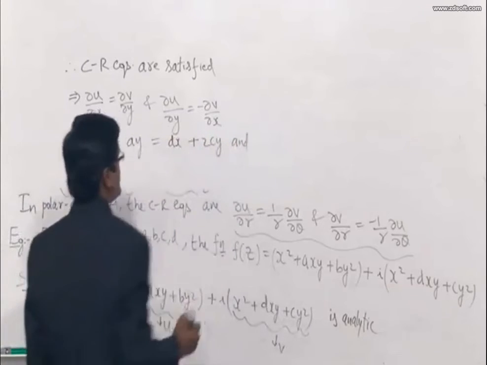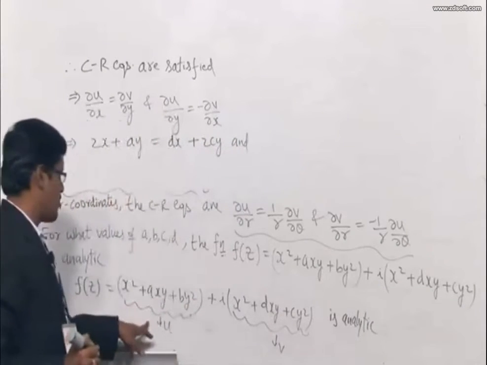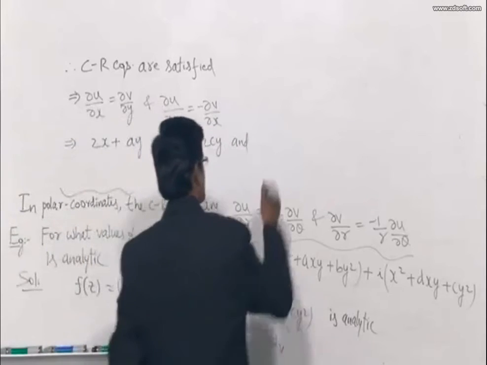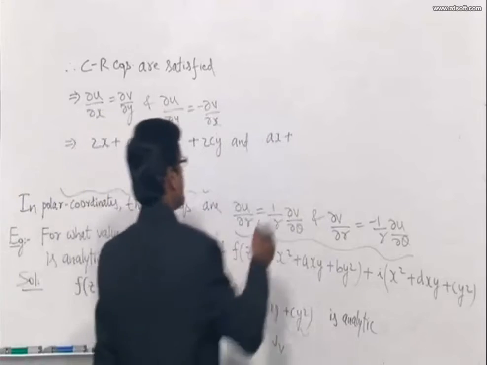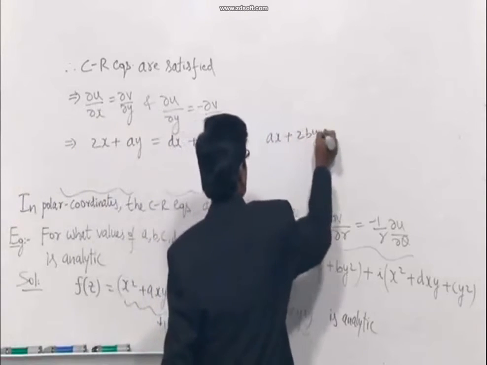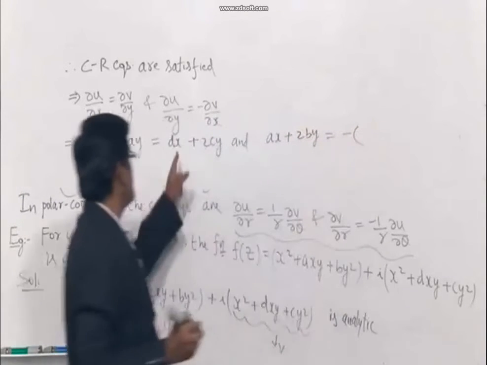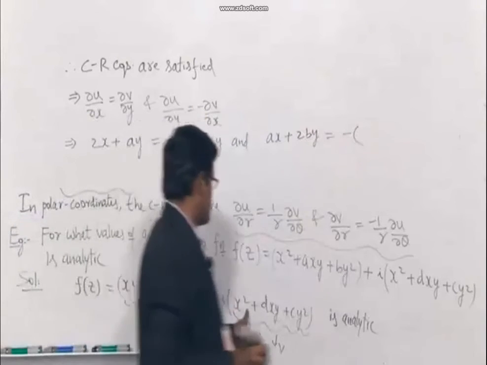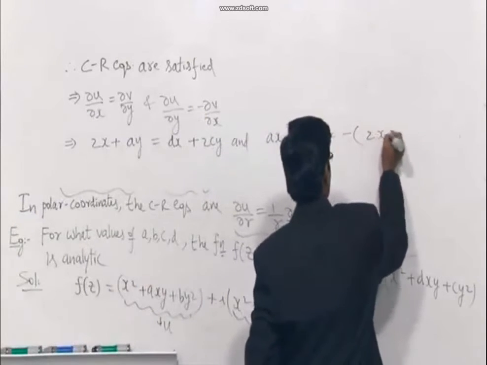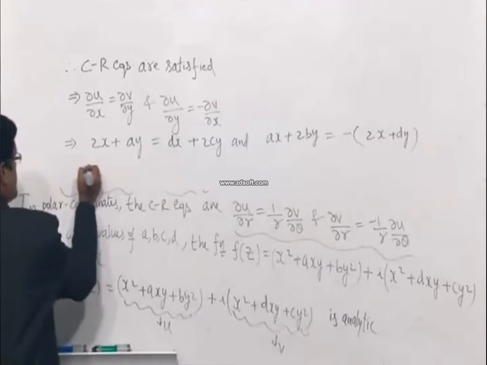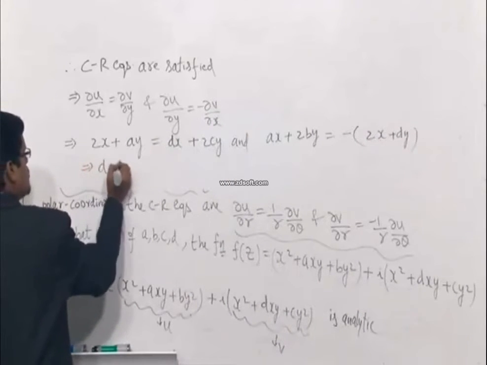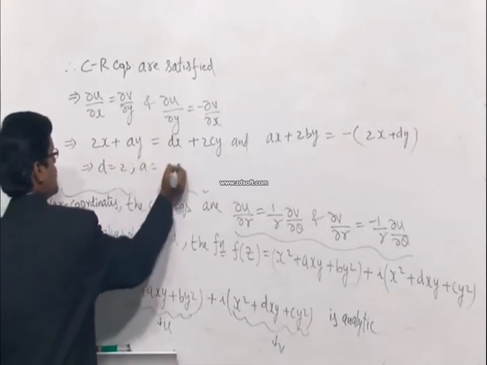And on the other side, second equation, u with respect to y partially: axy derivative ax, plus by square with respect to y, 2by, is equal to minus of v with respect to x partial derivative, so 2x plus dy. So equating like terms, which gives d is equal to 2, a is equal to 2c.